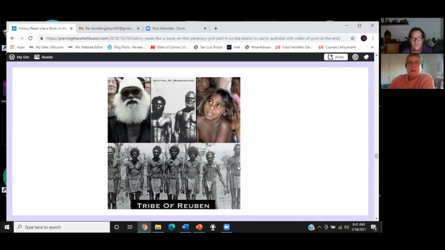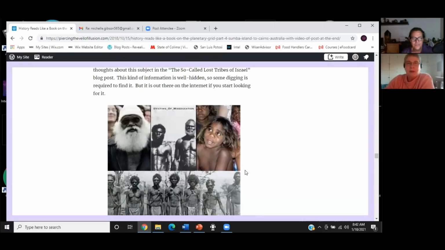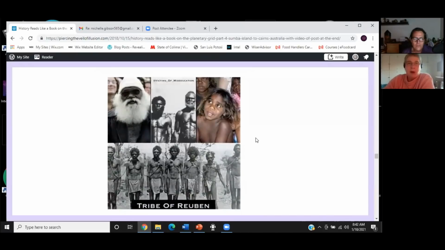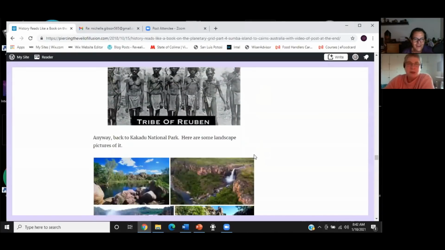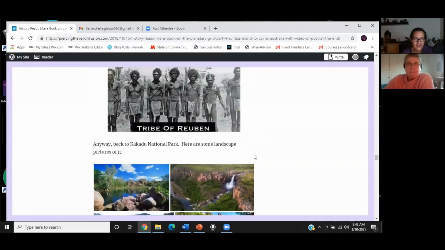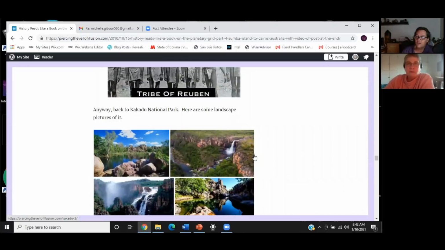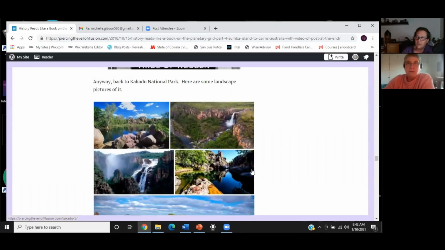So this is a process that was going on, and you know why these people kind of got kicked back to the Stone Age. I mean, you can just Google tribe of Reuben, Australian Aborigines, and this pops up. So there's just been so much that has taken place here. We had pygmies as well in Australia, up until, there's photos from the 40s and 50s.